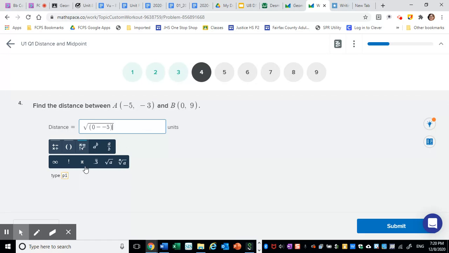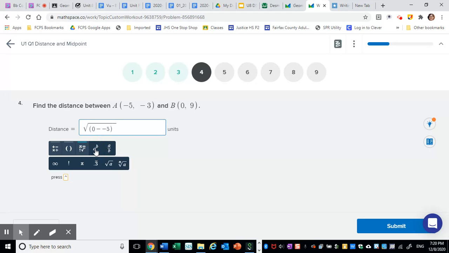And then square. And then plus what? Y1, that means 9 minus y2, -3, right? And then open, close, and then square, right?